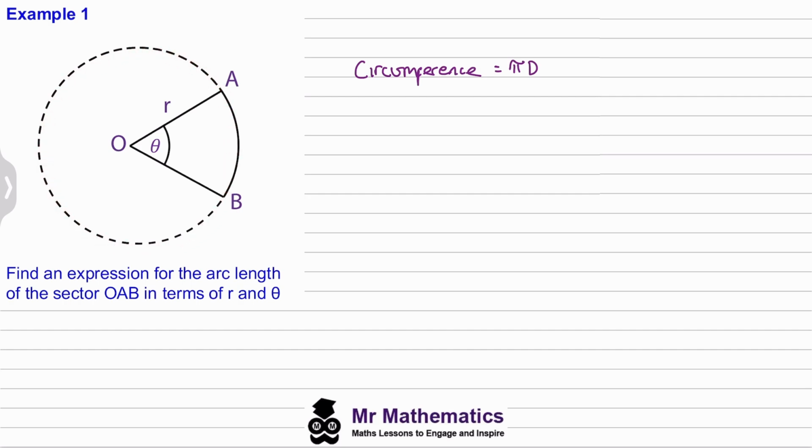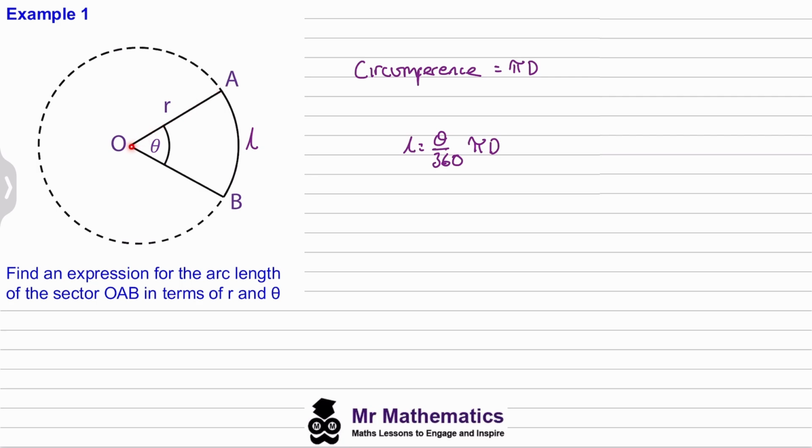The fraction is this angle theta out of the entire circle, which has 360 degrees. So the arc length, which we call L, will be the fraction of theta over 360 of the entire circumference, which is pi d. So this is the arc length in terms of diameter, but we can write this in terms of a radius.